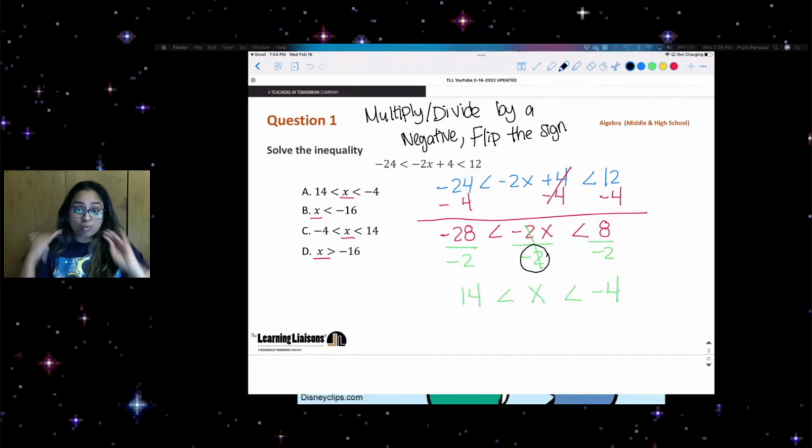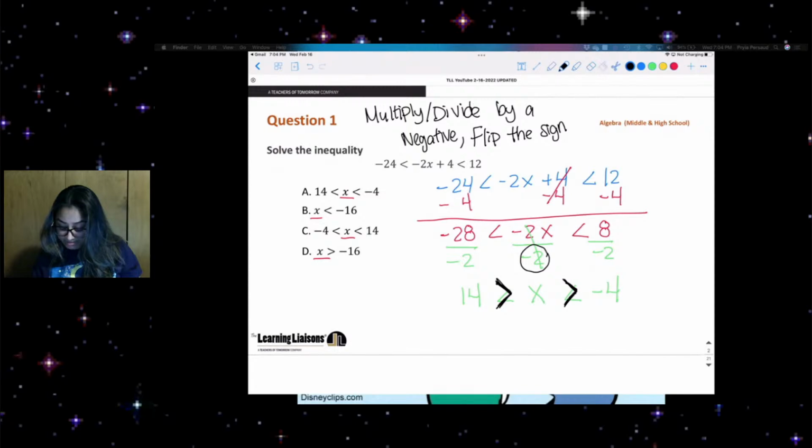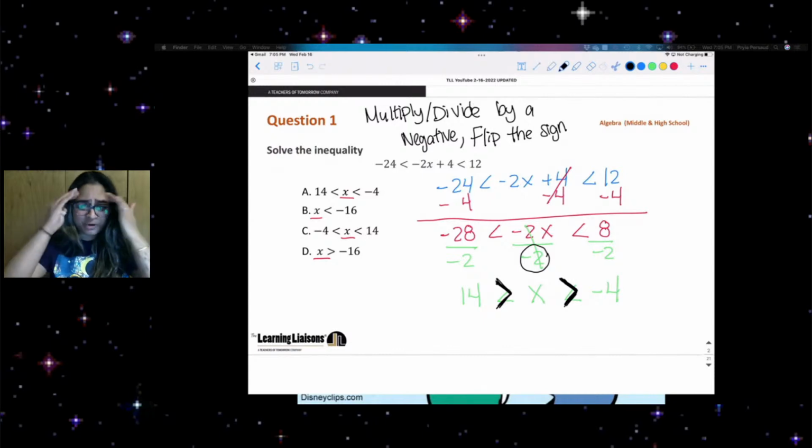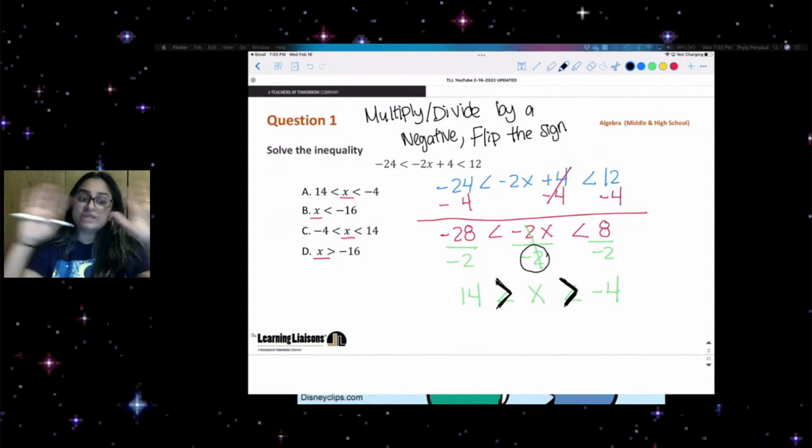So what I should have done is flip my inequalities because I divided by negative 2 everywhere. You can see that originally it made a false statement, because remember the alligator eats the larger number. In the original, before I flipped, it said that negative 4 was larger than 14, which we know for a fact is not true.